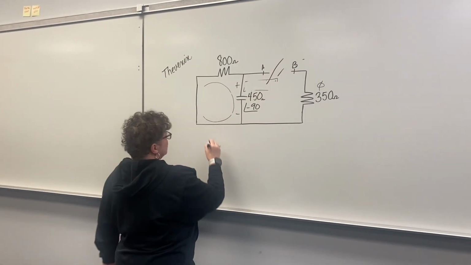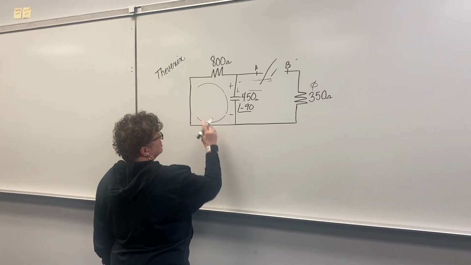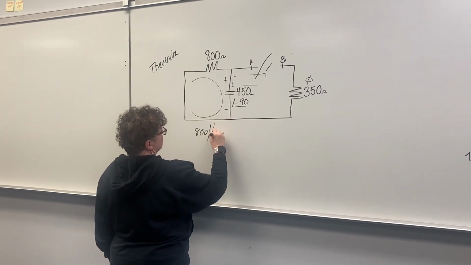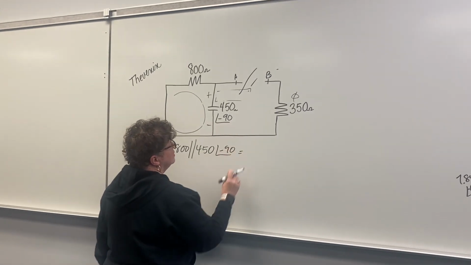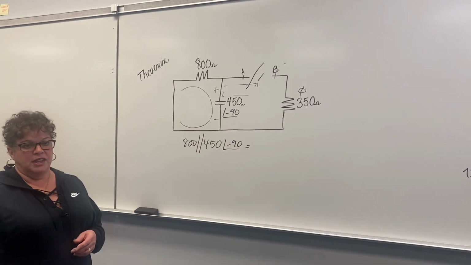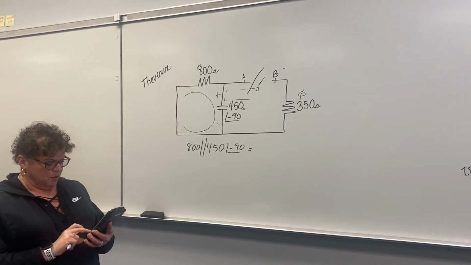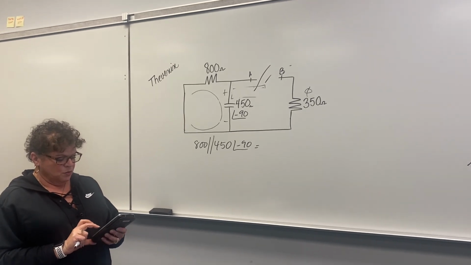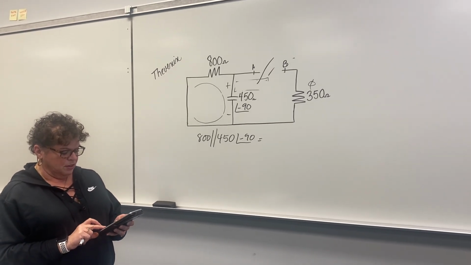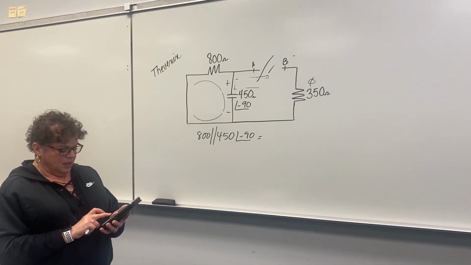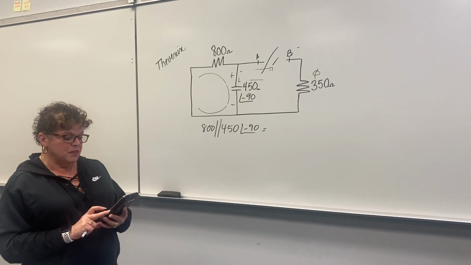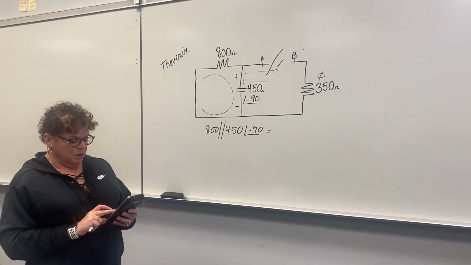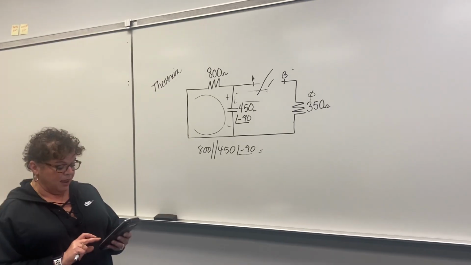So you would have 800, these two are in parallel, with 450 at an angle of -90, and I did not do that calculation, but that's okay. So I'm going to put 800. We do the shift reciprocal because it's going to be in parallel, and then the 450 at an angle of -90, and make sure that you put your parentheses in if it has an angle.